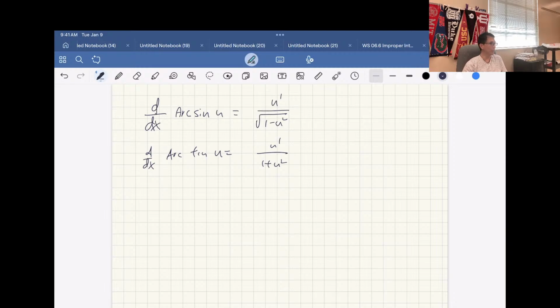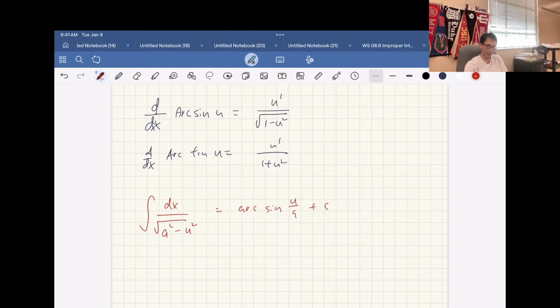So in that way, we're gonna say, hey, we need to be able to take integrations. Integration of dx over square root of a squared minus u squared is equal to arc sine of u over a plus c.